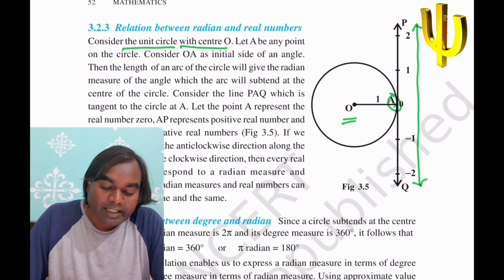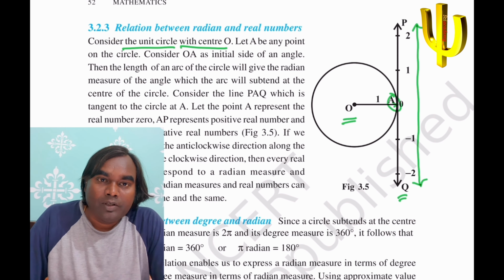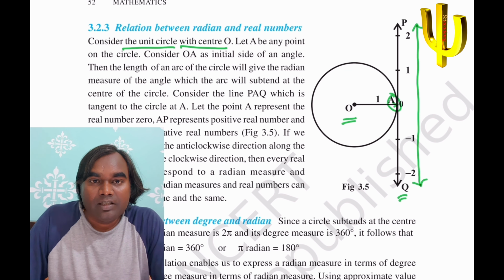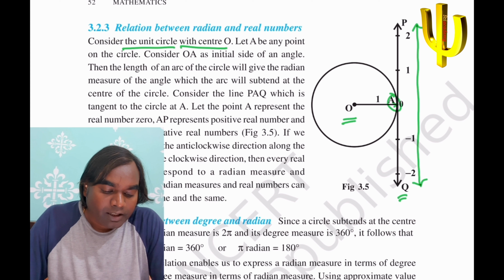So that means this is the number line PAQ, and the number 0 is coinciding with the point A on the circle, and this number line is tangent to the circle at the point A. AP represents positive real numbers and AQ represents negative real numbers.